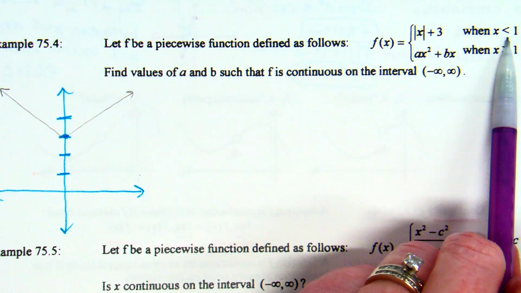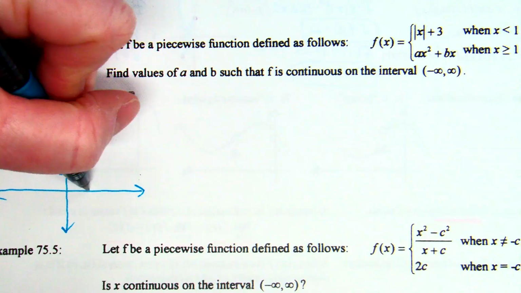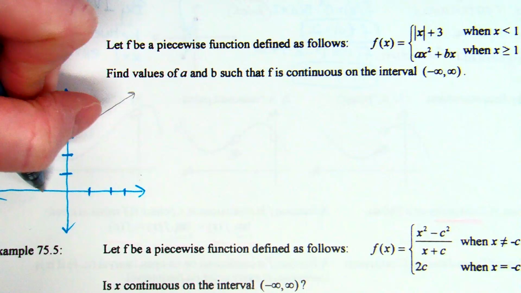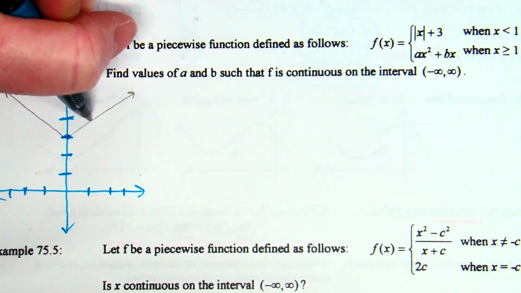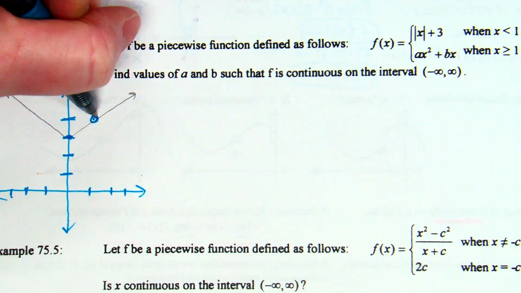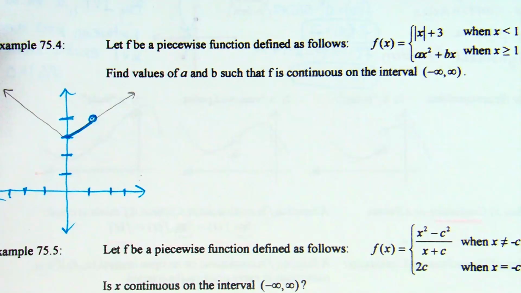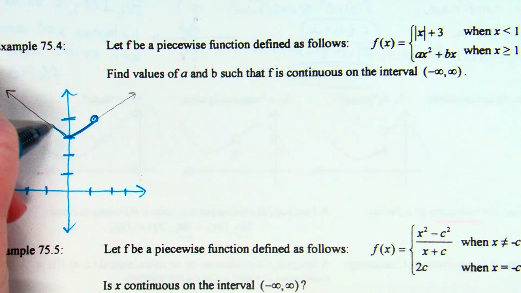So that means this graph only goes over to x equals 1. So the graph exists here, and it exists over here.